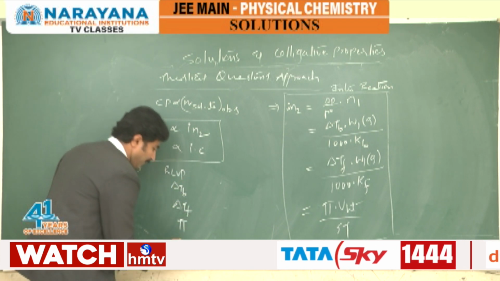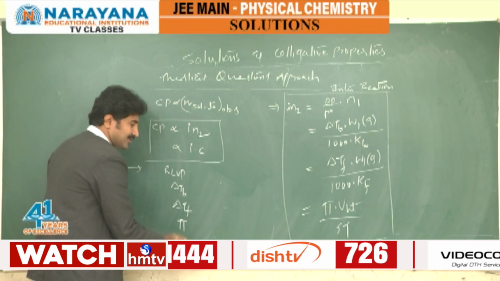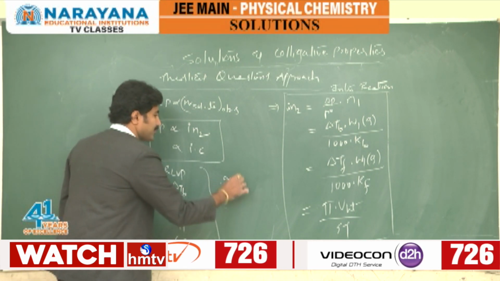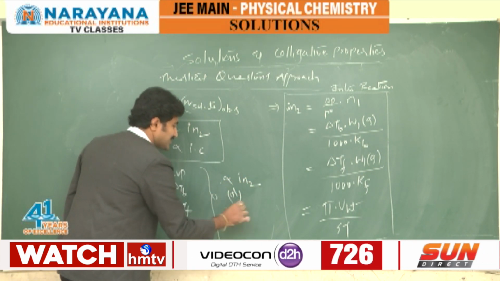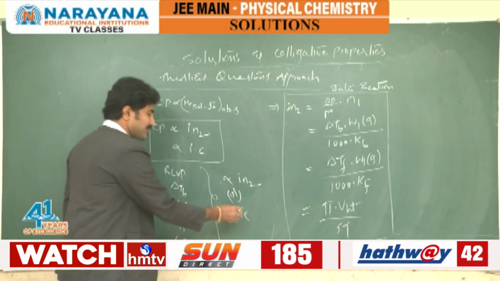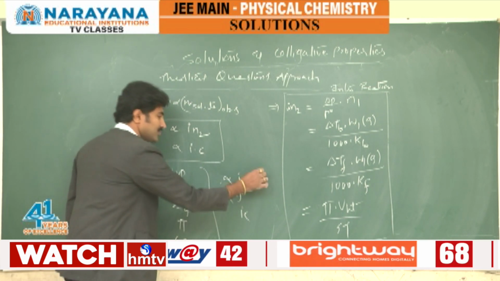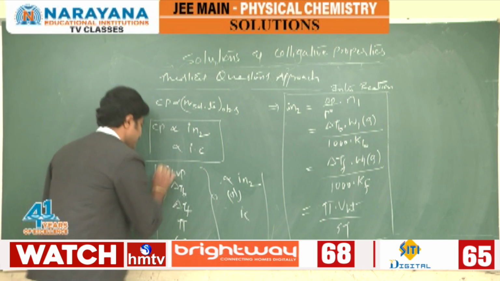So this boiling point of the solution, TS of boiling point, all these are directly proportional to iN2 or iC. So for every solute there is a definite i value. First calculate i value and based on the concentration or moles we will get this theoretical approach.